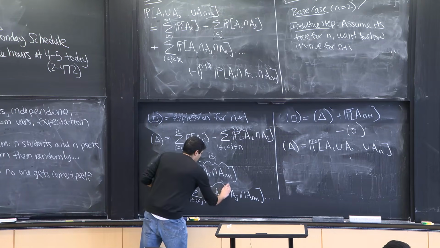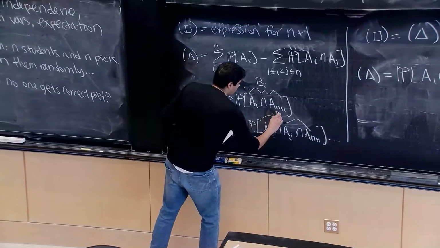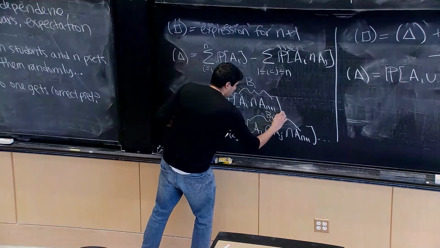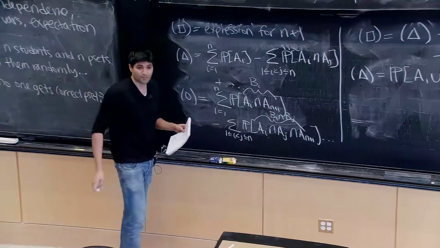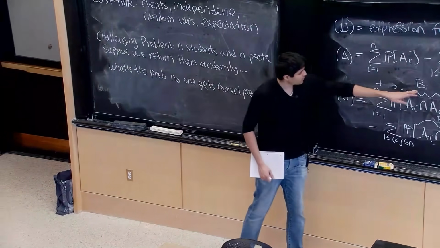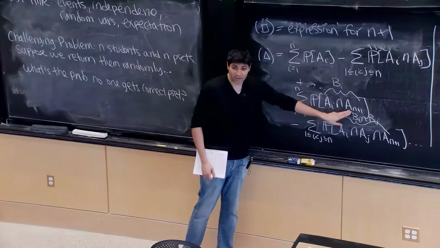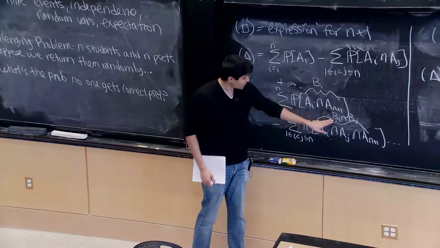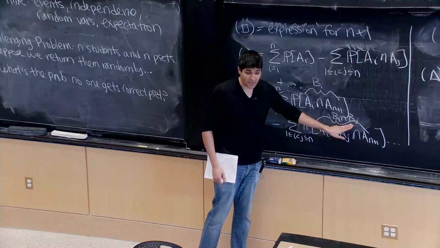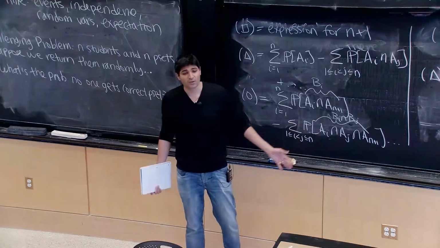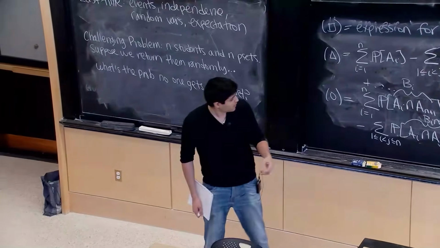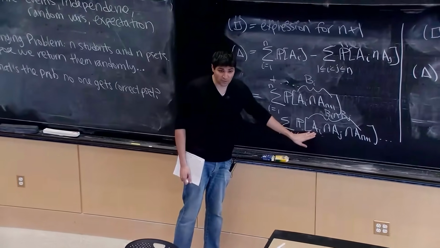I claim that this expression right here is B_i intersect B_j. Why is that? Literally, the definition of B_i is A_i intersect A_{n+1}. So A_i intersect A_{n+1}, intersect A_j intersect A_{n+1}. What happens when I intersect with A_{n+1} twice? It's the same thing as doing it once. So this is literally the pairwise intersection.